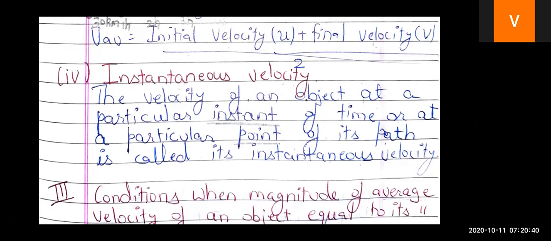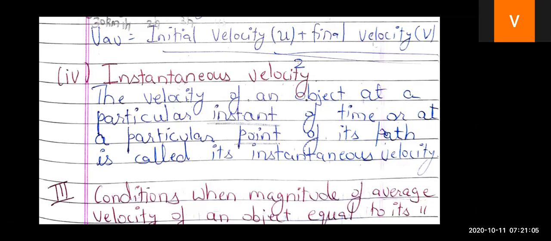Suppose you are moving on your Activa, and I also approach you on my Activa, and I look at you and ask what's your velocity at this time, and suppose we both are moving on a straight road. You'll just look into your speedometer and tell me, ma'am, my velocity is 50 kilometers per hour.